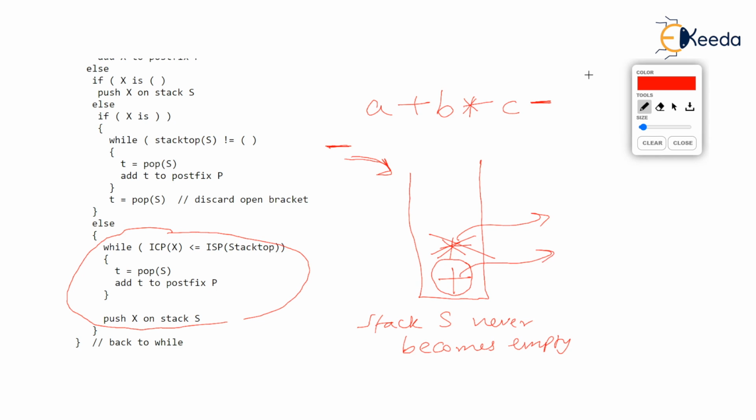Now what happens after popping both operators? The stack becomes empty, isn't it? And still minus is waiting out. Then in our while condition, we will have to add one more condition, and not empty stack, isn't it?